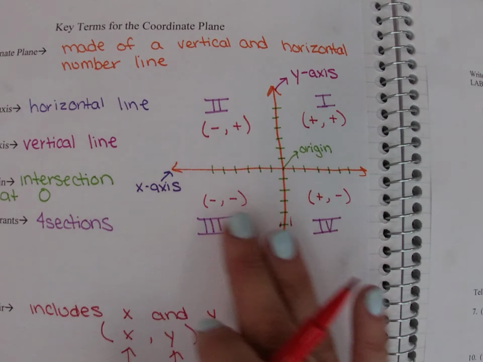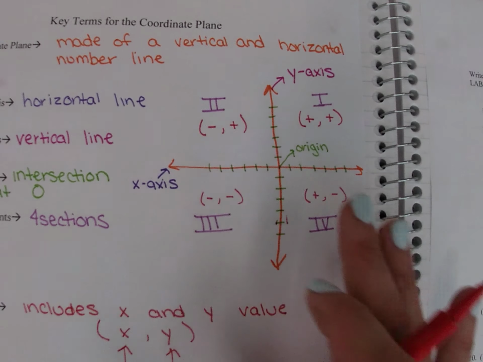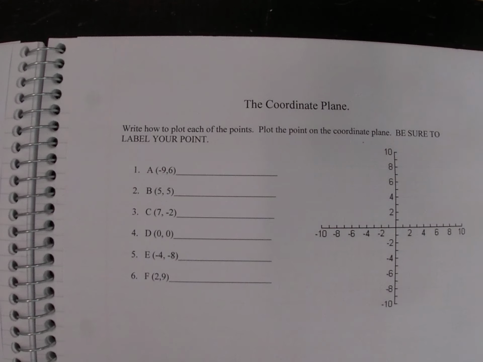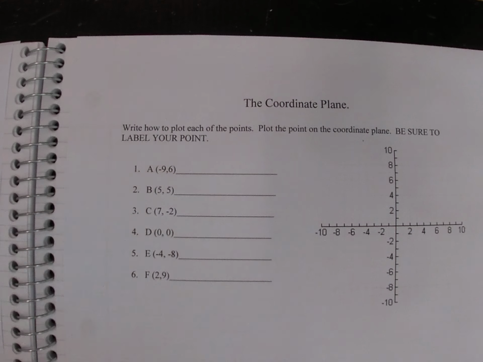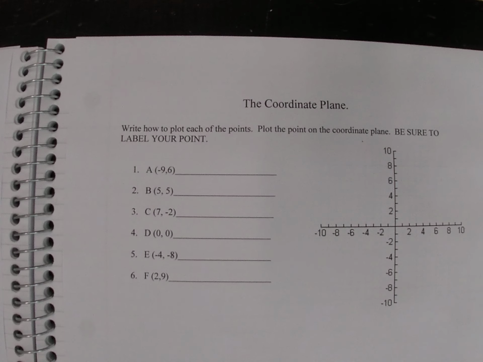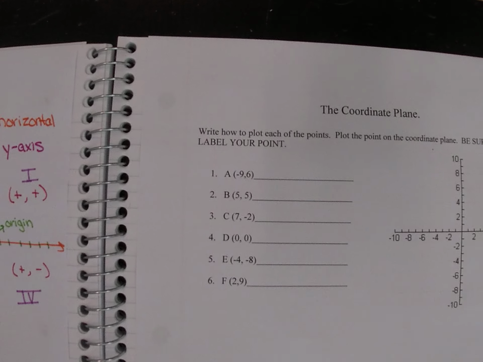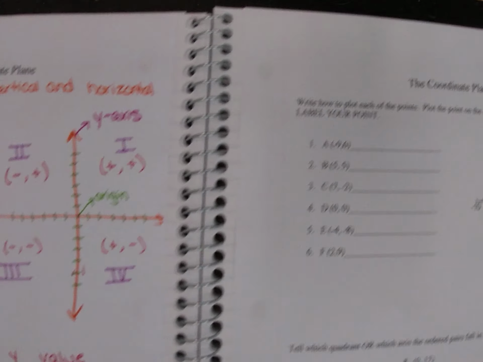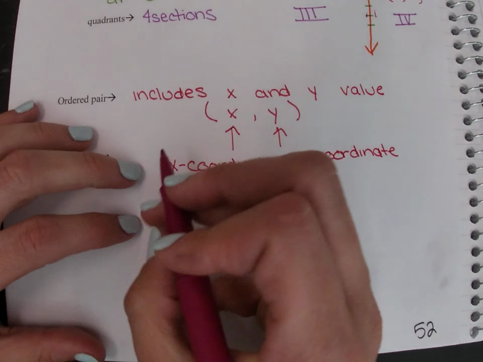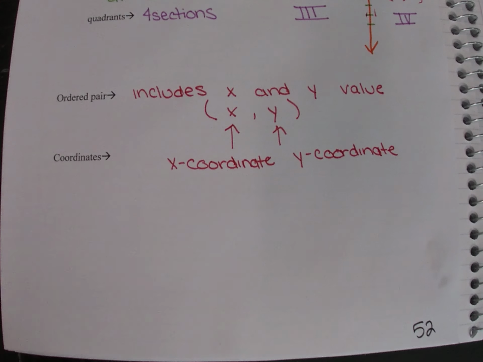Now, to tell exactly where we are in these quadrants, we need to see the actual values associated with it. So if we want to plot a point like -9, +6, okay, it's important to understand the way that positives and negatives work. So if our X coordinate is a positive number, I need a different color here, that's not going to work.